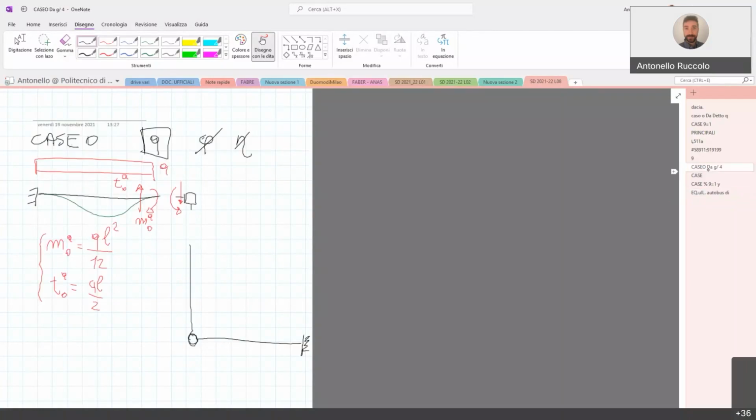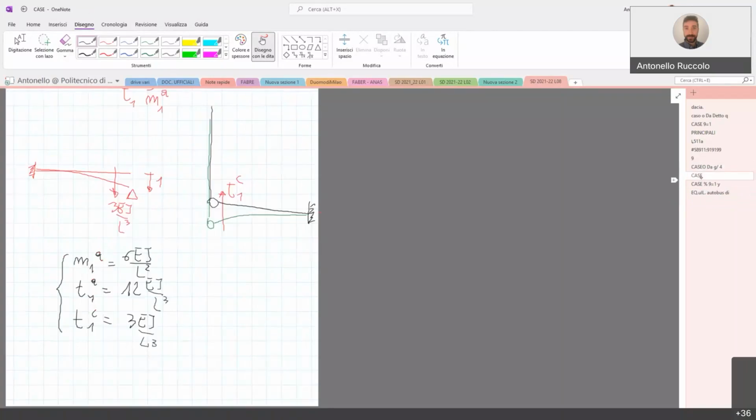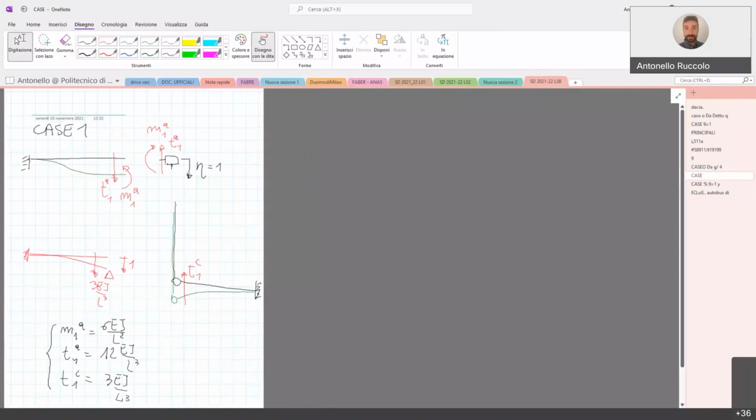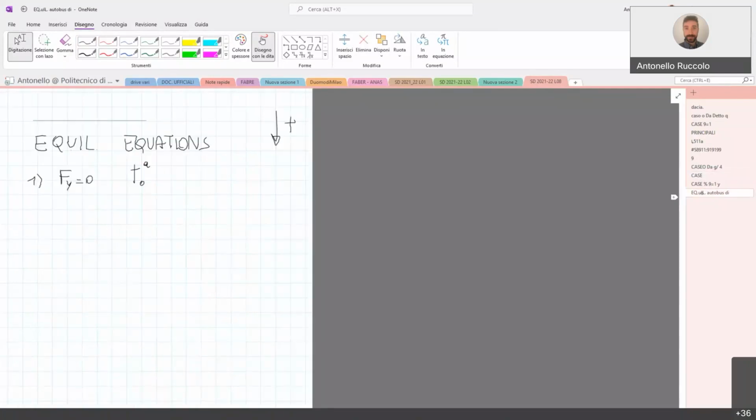So it is positive on the node. Here, what do we have on the node? It is upward, and it is T1A. So minus T1A times eta, because T1A is the force associated to a unitary displacement, but the actual displacement is unknown.